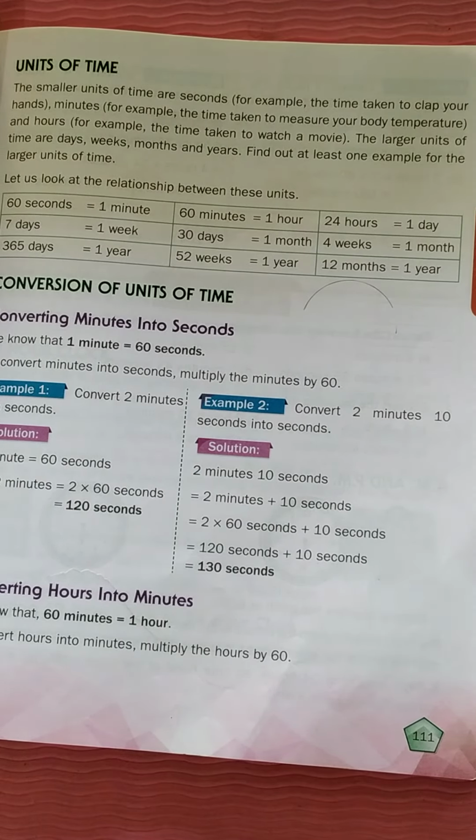So now we will learn conversion of units of time. Converting minutes into seconds. See, we know that 1 minute is how many? 60 seconds.